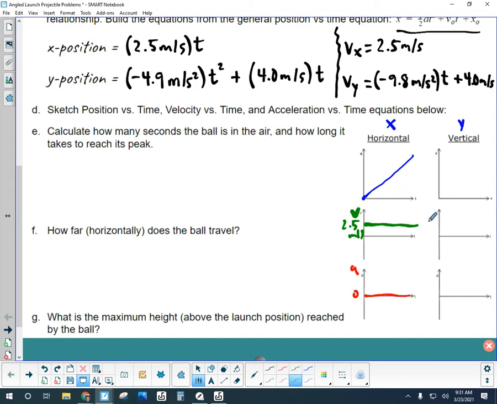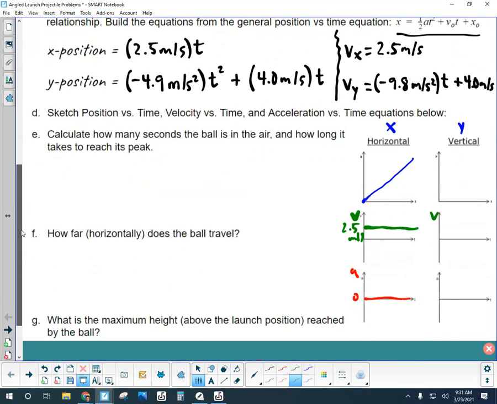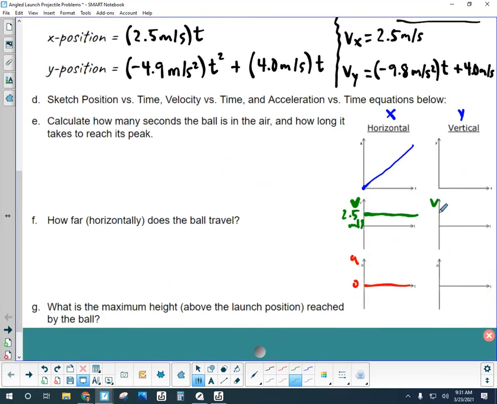When you're accelerating, sometimes I think it's easier to look at the velocity graph first. So it started with an upward velocity of 4 meters per second. I'm going to start somewhere up here. And because acceleration is downward and slowing it down, it's going to slow down to 0 at its peak and then continue.